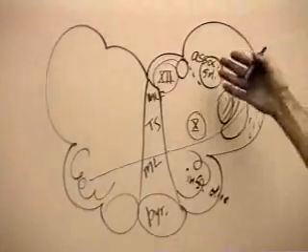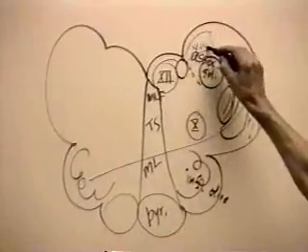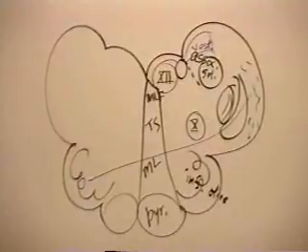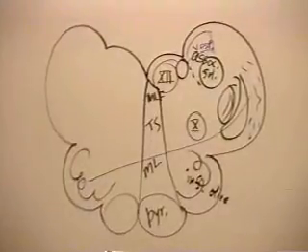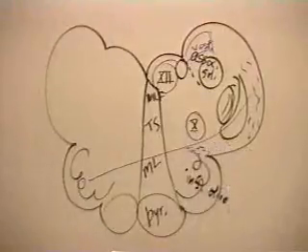Coming down from a higher segment, we have the vestibular nucleus. Ascending out in here, we have the lateral spinothalamic tract.